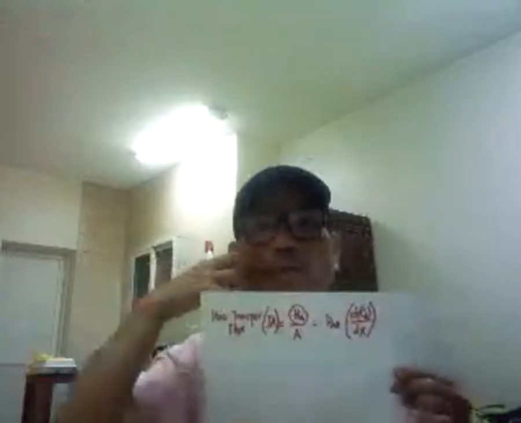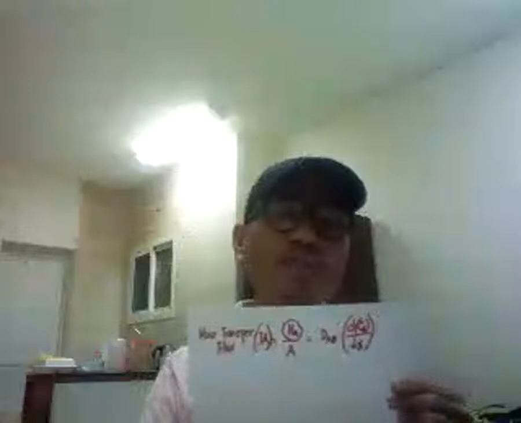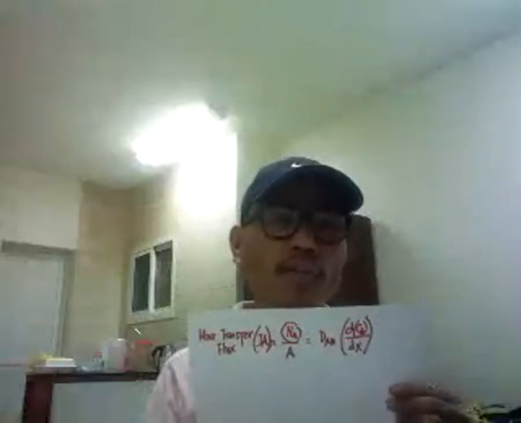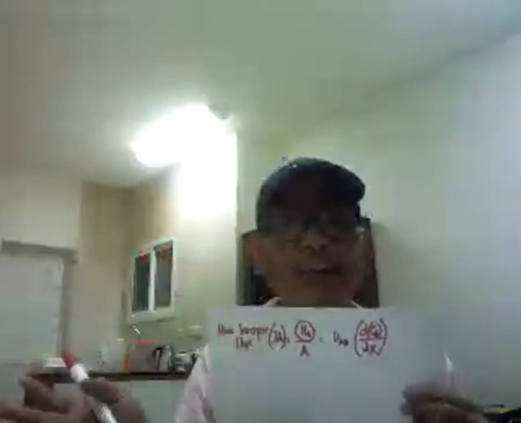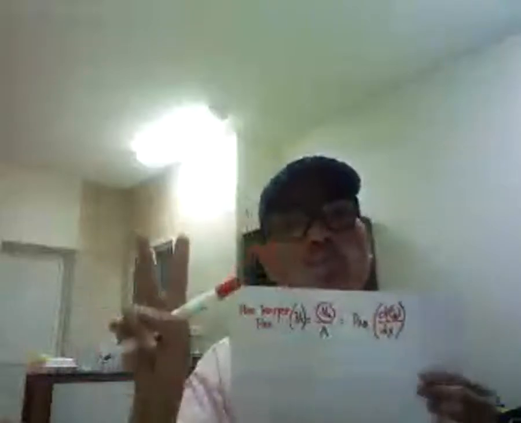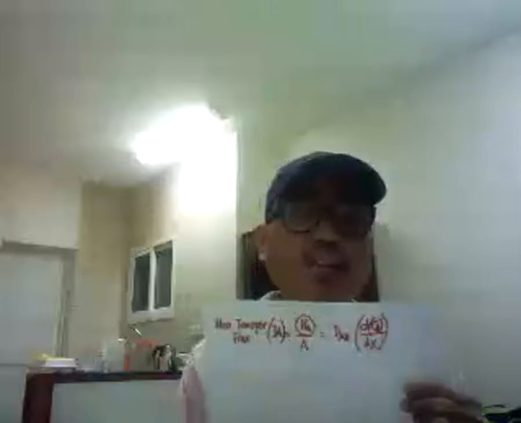Since we have a specific quantity, then we will substitute this concentration. It could be final and initial, or it could be here alone if there's no final or no initial. There are problems like that also, where only one concentration is given. Then that would automatically be your concentration if there are no two reference points. But if there's an initial and final, then you have to subtract. So that's a concentration gradient.